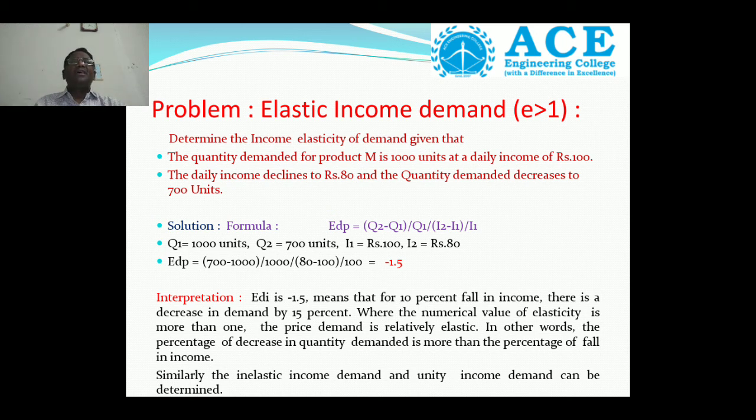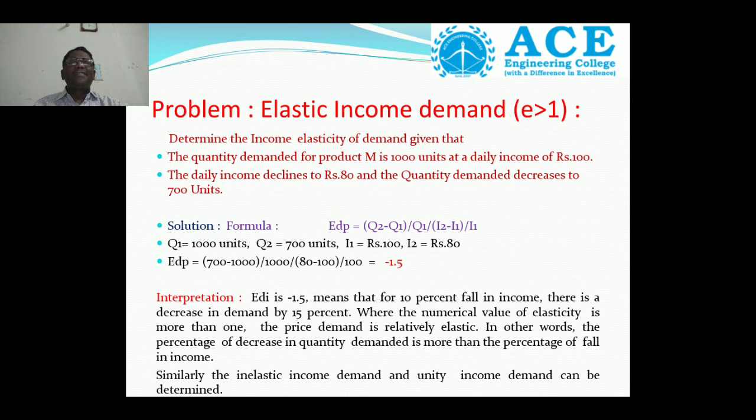Then we substitute the values. We get the income elasticity of demand as minus 1.5. What is the meaning of 1.5? It indicates that for a percentage fall in income, there is a decrease in demand by 1.5 percent, where the numerical value of elasticity is more than 1.